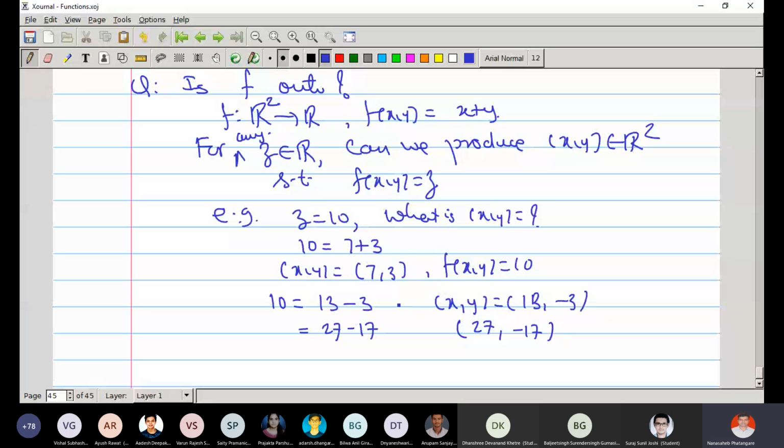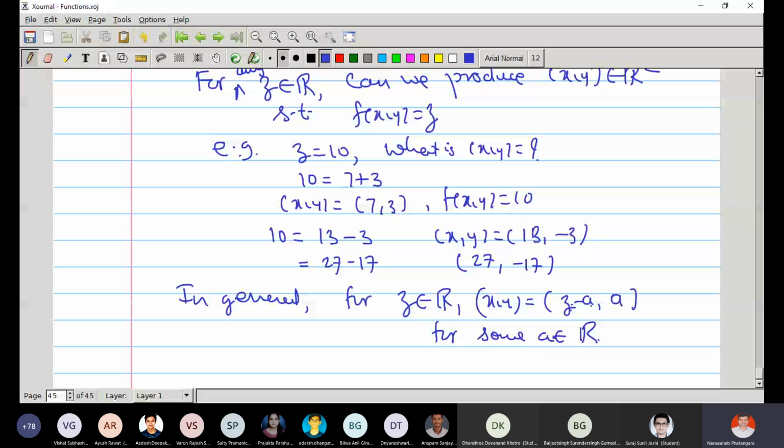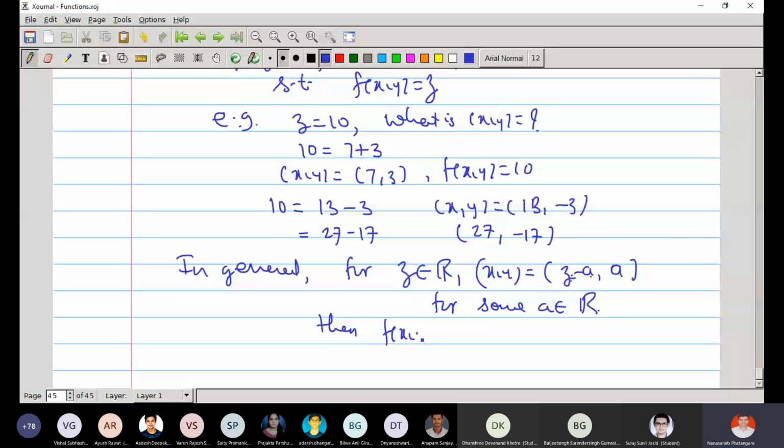These are just particular examples, but in general, for z in R, xy is equal to (z minus a, a). You fix any real number a, subtract it from z and take it as the first component, with a as the second component. Then what is f of xy?